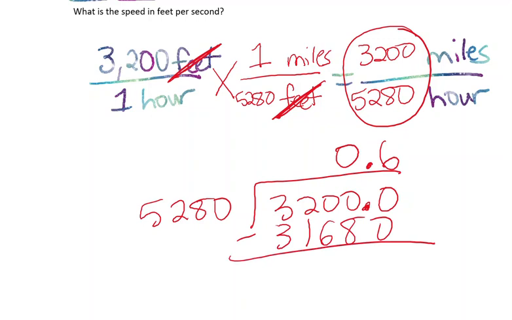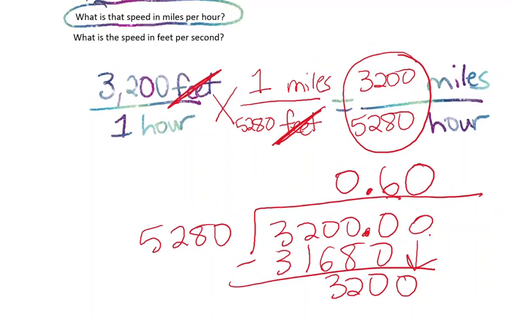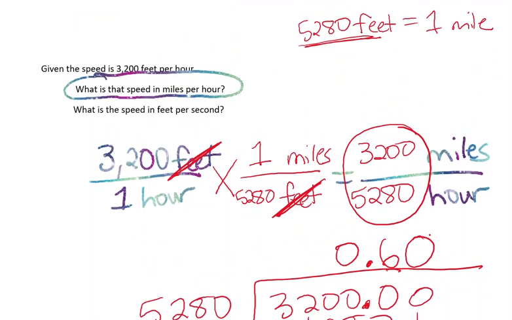When I subtract, I get 320. Bring down another 0. And again, I get a 0 here because when I brought down a 0, I got 3,200 again, which meant it wasn't big enough to divide. So my answer in miles per hour would be 0.6 miles per hour.